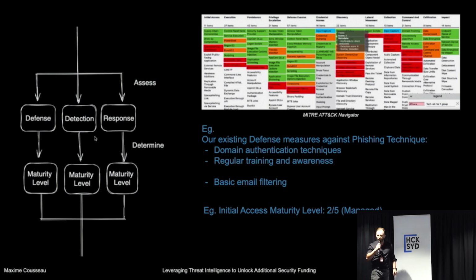However, basic capability in terms of email filtering, because I know that this APT group would be leveraging phishing as an initial access tactic. Probably have to improve that control, that defense capability of email filtering. So in the example, initial access maturity, maybe 2 out of 5.